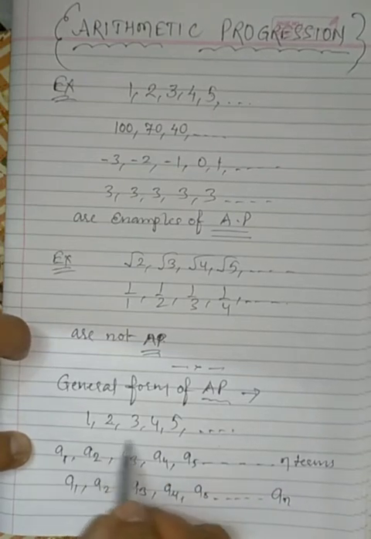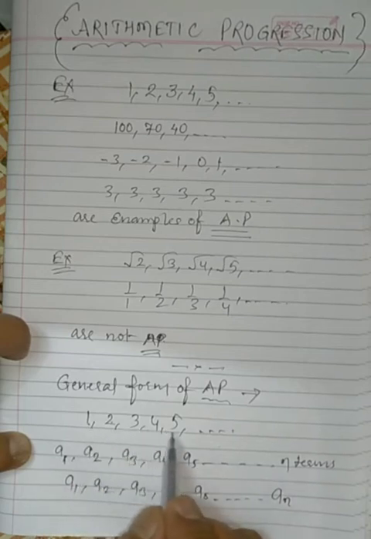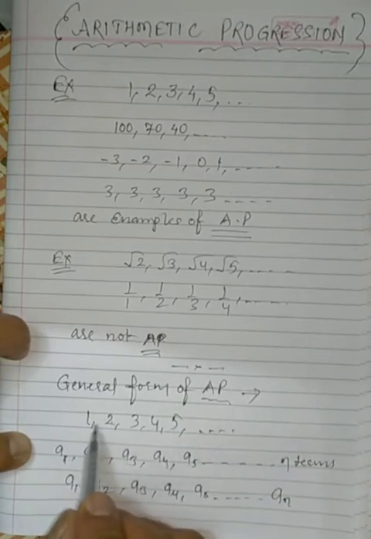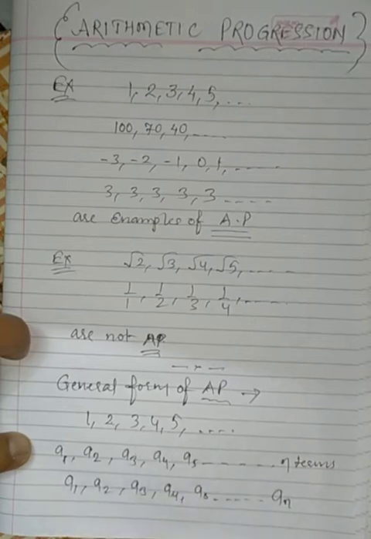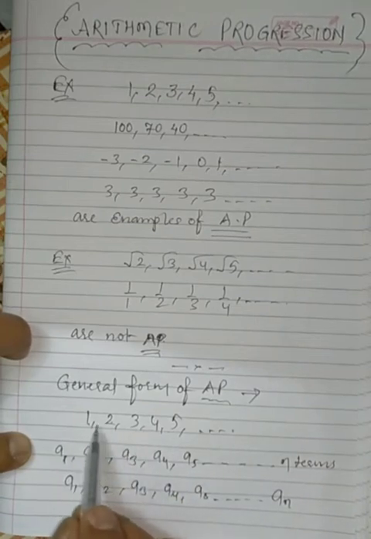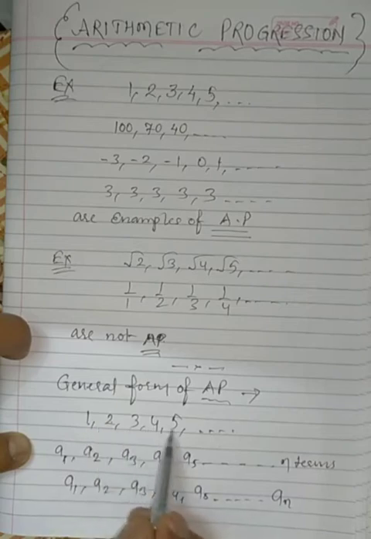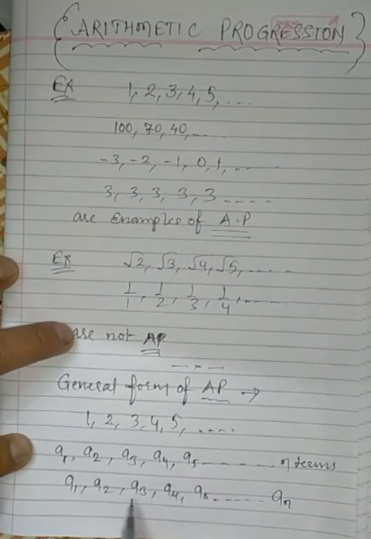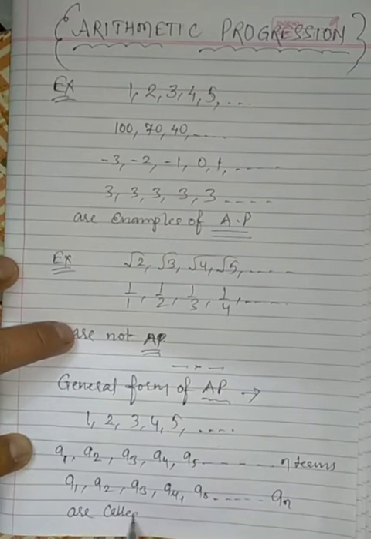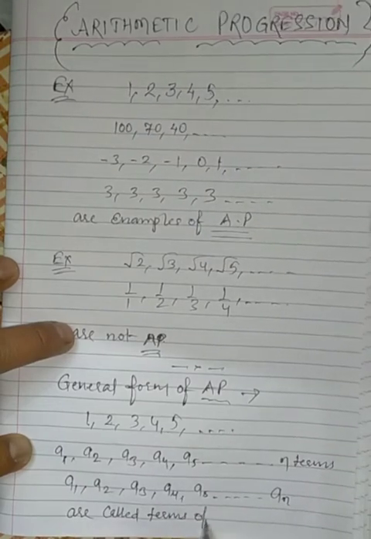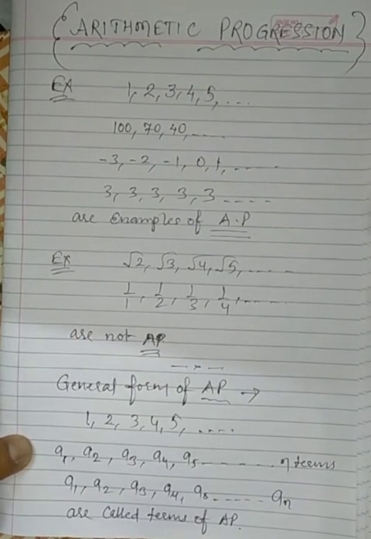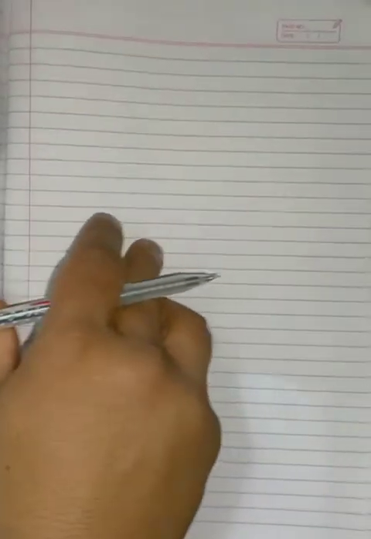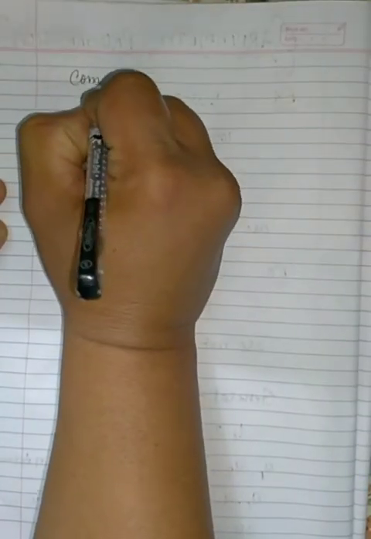Now let us see here in this example 1, 2, 3, 4, 5 and so on. As you can see here, difference of two consecutive numbers is always same. The difference of two consecutive numbers, if it is same, is called the common difference. Okay? Here all these A1, A2, A3, A4, A5, An are called terms of AP. Okay? And common difference.